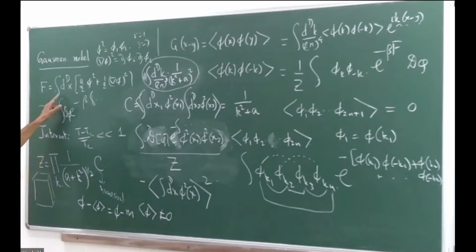But I told you that for quadratic or even terms in phi, if I try to calculate the average value, I should be getting 0. Now, why is that not true below TC? Below TC, it is not true because this coefficient is going to become negative and the integral is no longer well defined for all values of phi.